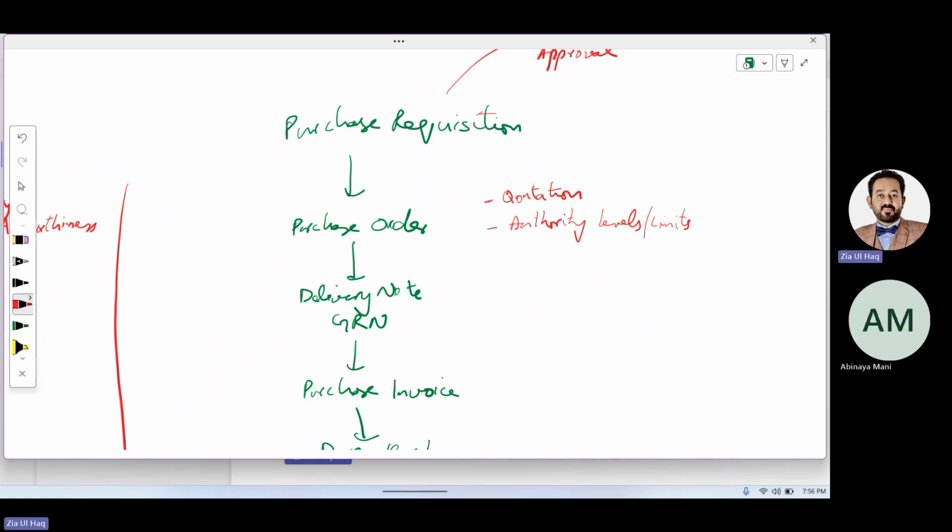And while receiving goods, to prepare the GRN, the company needs to perform a quantity check and a quality check. What is a quantity check?